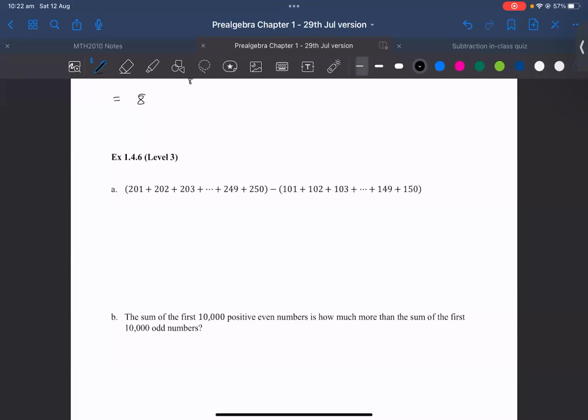Yeah, we don't have to do it manually. You can see the pattern. Do it quickly if you see the pattern. So this is the first 5 even minus first 5 odd. What does that give? With the first 5 even numbers, the difference is 5. It's going to be.